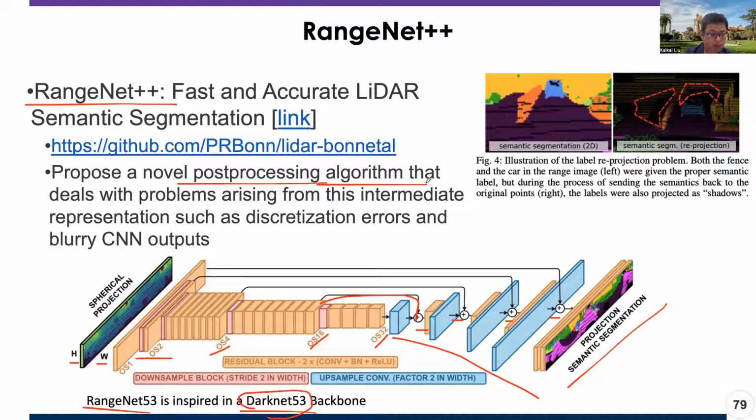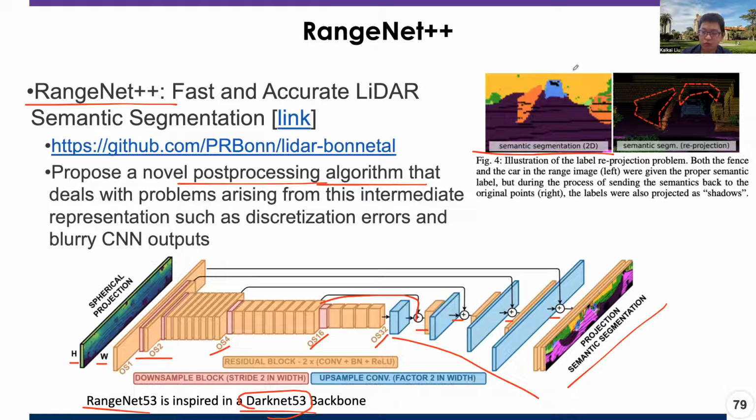Because in the previous SqueezeSeg, the conditional random field applied is for the 2D image, so the segmentation result is in 2D, similar to this. But the actual segmentation you need is in 3D.